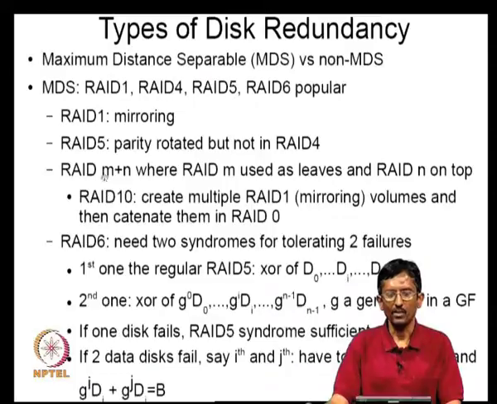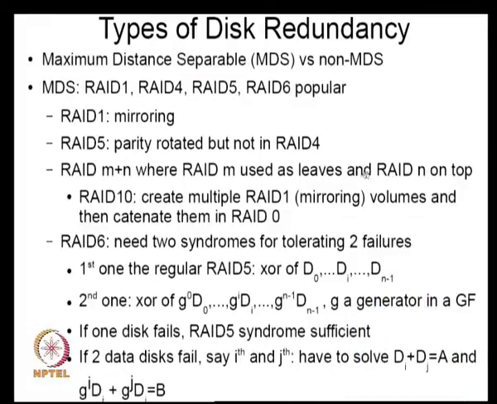You also have things like RAID M+N, where you use RAID M on the leaf side and RAID N on top of it. So, you are basically doing 2 levels of RAID. For example, if I do RAID 10, I create multiple RAID 1 volumes, that is, mirrored volumes, and on top of it I concatenate them.